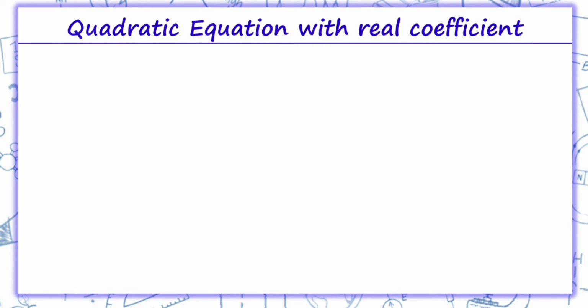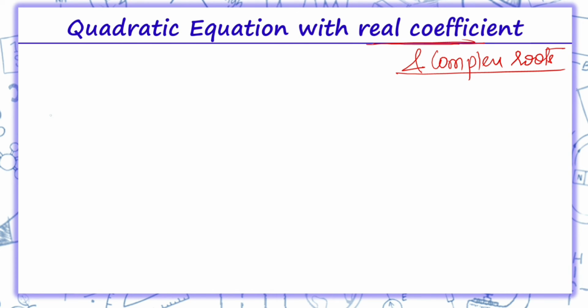Now, coming on to quadratic equations with real coefficients. In our earlier classes, that is in class 10th, we solved quadratic equations with real coefficients and real roots. Now, in class 11th, we will mainly concentrate on quadratic equations with real coefficients and complex roots.